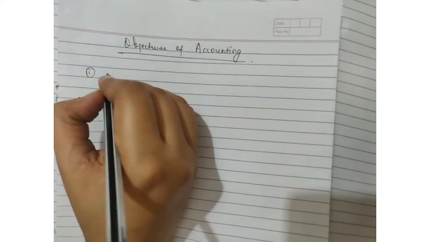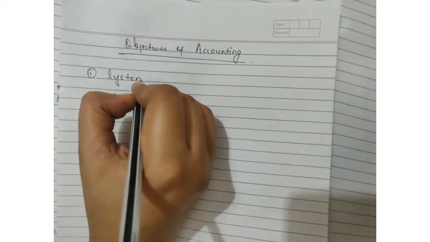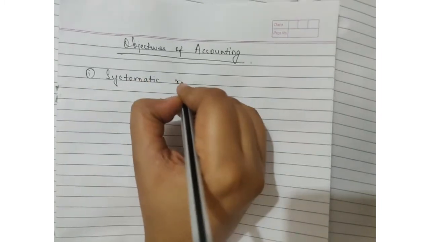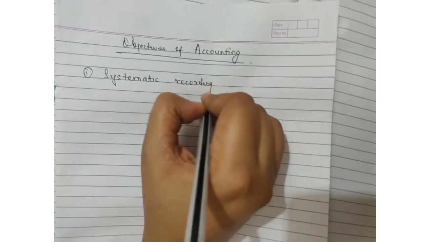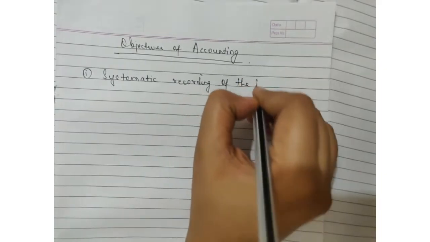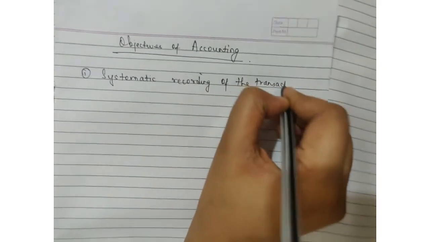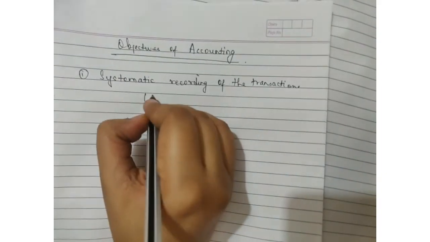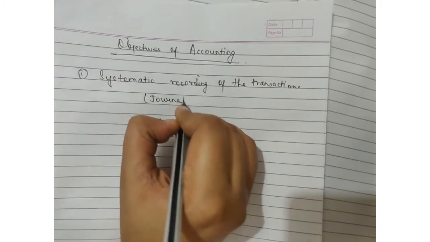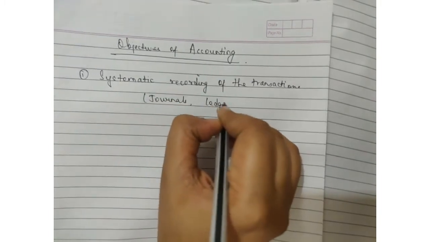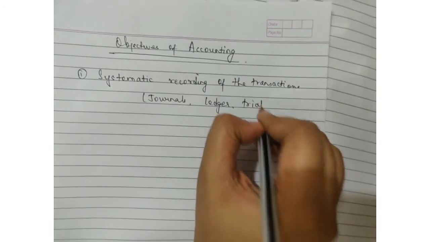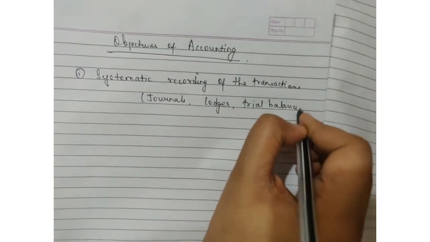First, we record these transactions. So the first objective is a systematic recording of the transactions, which is done in the form of journals, ledger, and trial balance, which you will cover or would have already covered in detail.